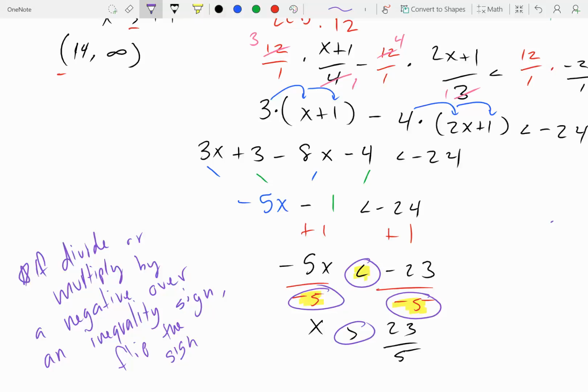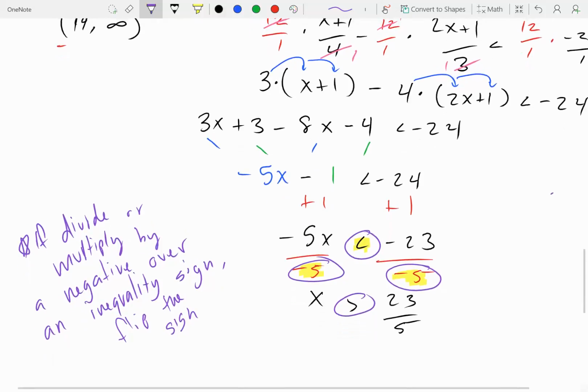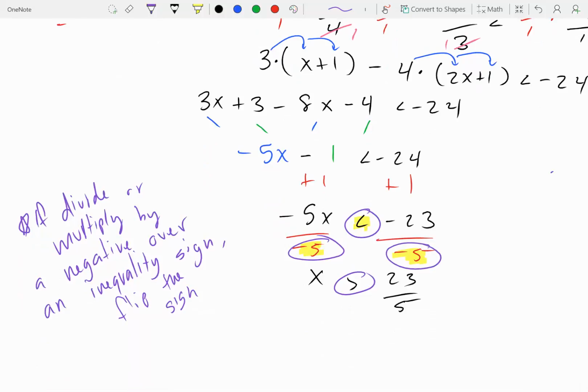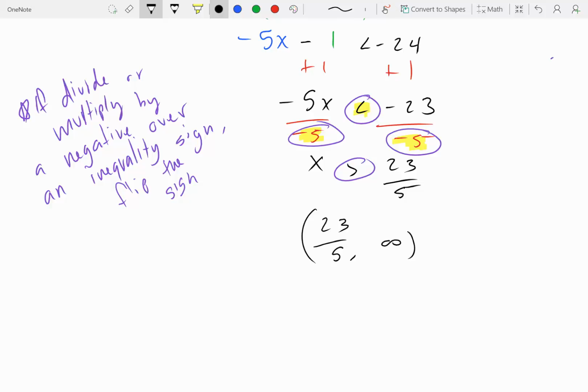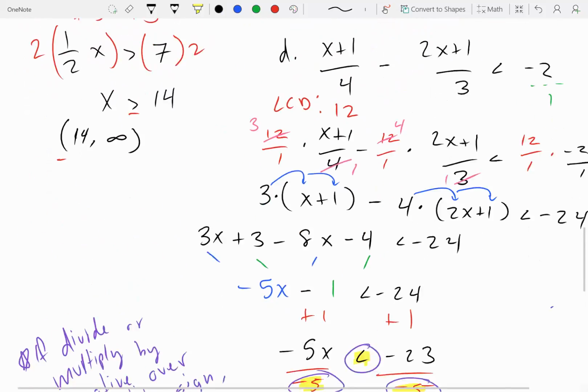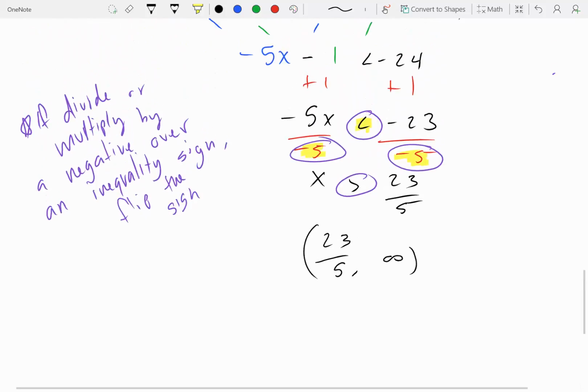If you divide or multiply by a negative over an inequality sign, flip the sign just like we did here. Now to write this in interval notation, it says x is greater, so that means we have 23 over 5 to infinity, and they're both parentheses. Alright, that's it for this section.